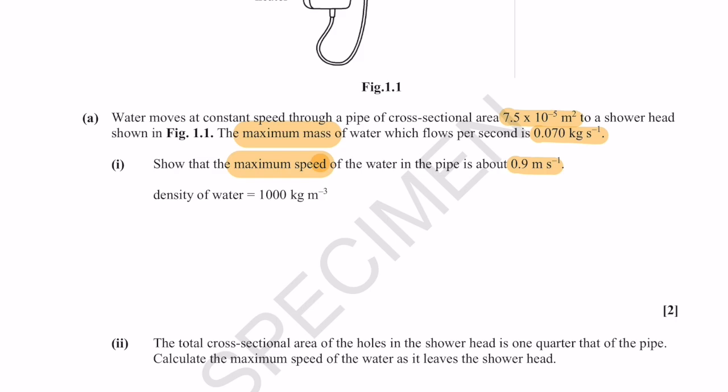The units of density are kilograms per meter cubed, and then I think about the cross-sectional area that the water is flowing through, which is 7.5 times 10 to the minus 5 meters squared. If I just look at their units, kilograms per meter cubed times meters squared, I end up getting kilograms per meter.